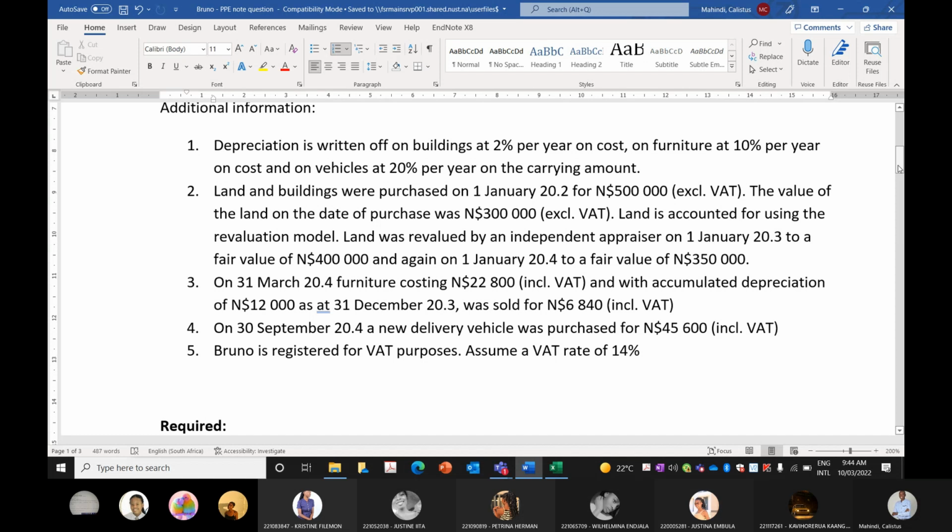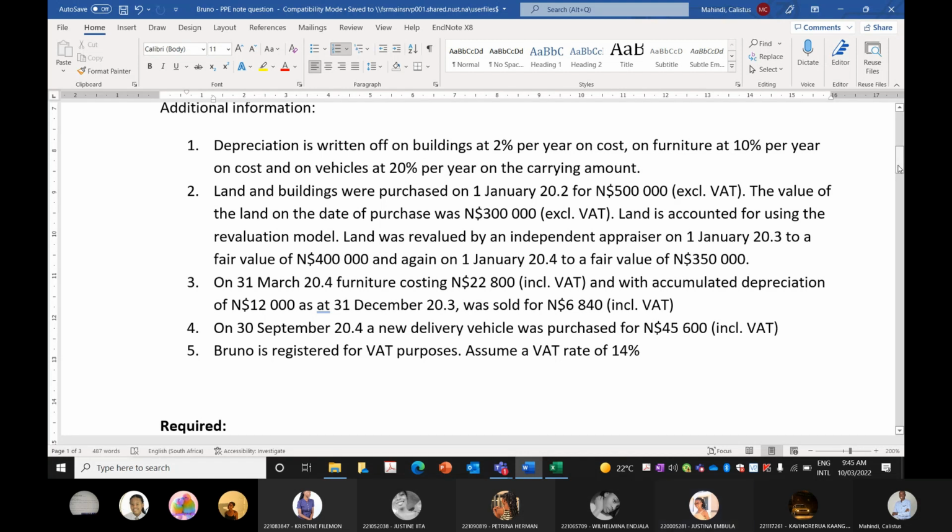So what was the cost price of the land? The value of the land was 300,000. It tells us that the land and buildings were purchased on 1st of January 20.2 for 500,000, so that's the land and the buildings together.